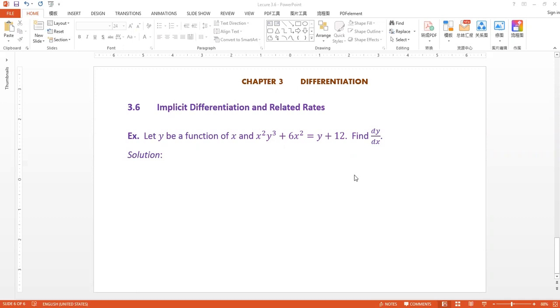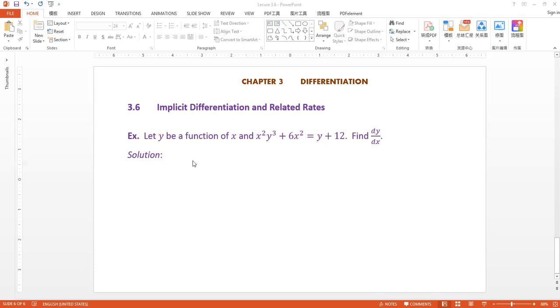By implicit differentiation, it means you take the derivative of the equation on both sides with respect to x at the same time, using the rules we learned for differentiation, and then solve for dy over dx at the end. So let's proceed with this example.